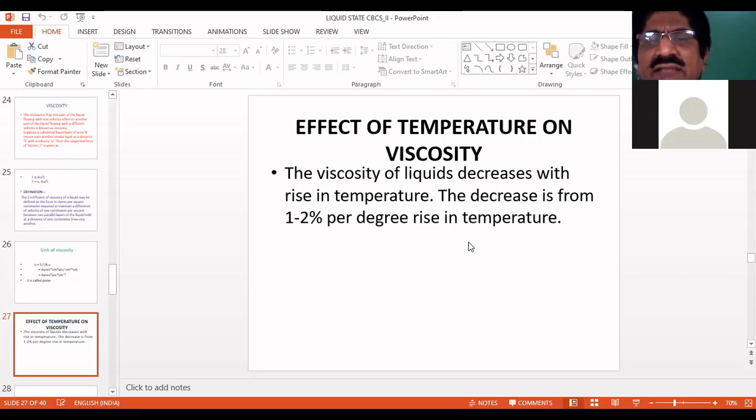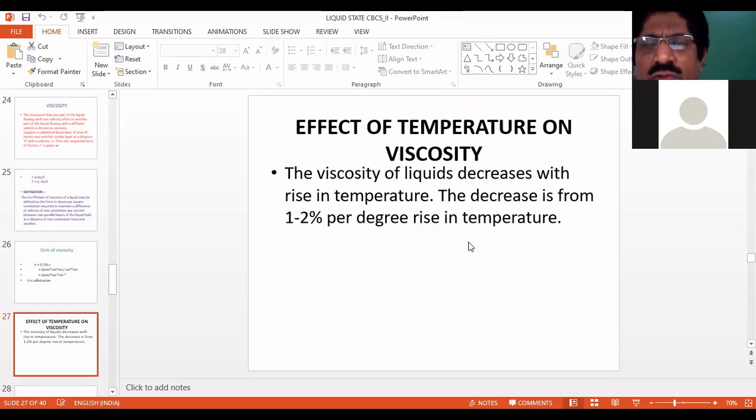Once again, as the temperature increases, the intermolecular force decreases because the kinetic energy increases. Here also it is the same: as the temperature increases, the kinetic energy of the molecules increases, and the intermolecular forces between the liquid molecules decrease.